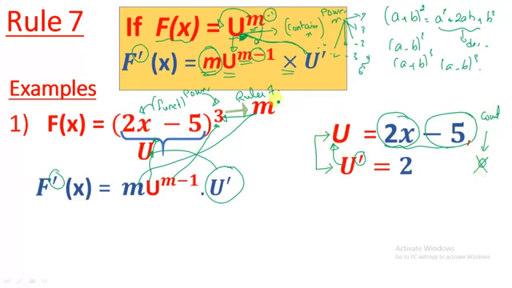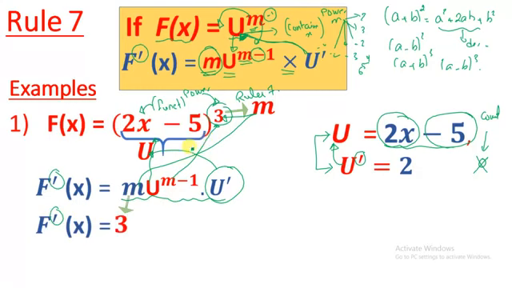And I have the power, which is 3. So all the members of the rule are now with me. I only need to substitute them. So f prime of x equals, let's start. M, it is what? Yes, it is 3. Multiplied by u.